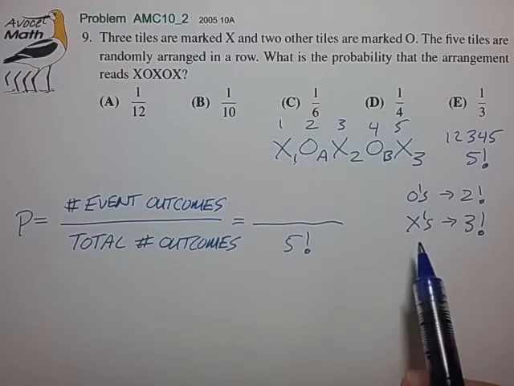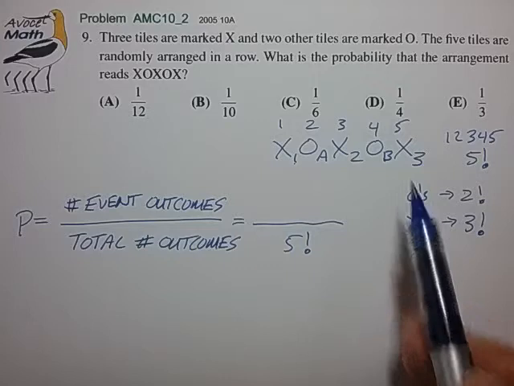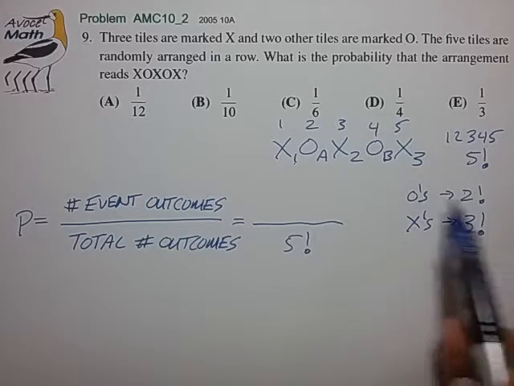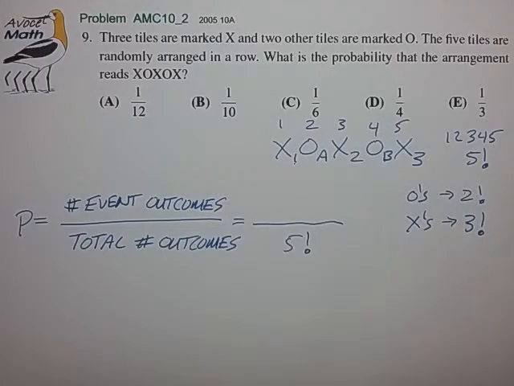So the total number of ways that we can choose the X's and the O's is just the multiplication of the number of ways that we can choose the O's and the number of ways that we can choose the X's. They're essentially a compound set, and we can use the multiplication principle for these compound sets.